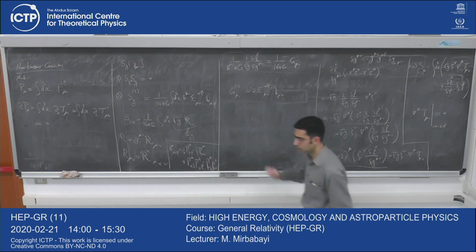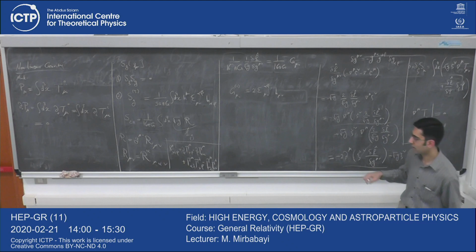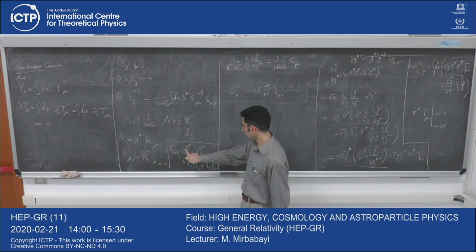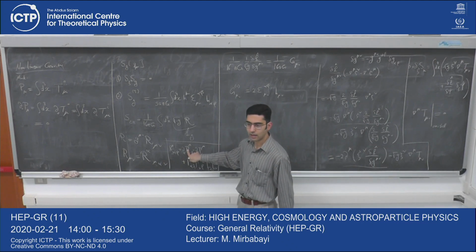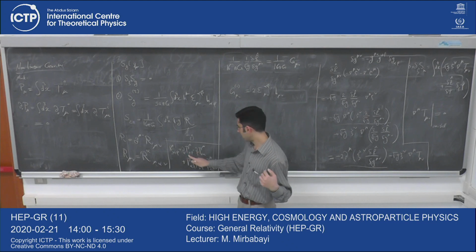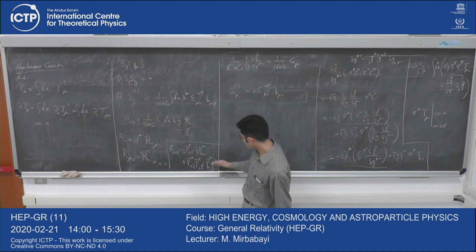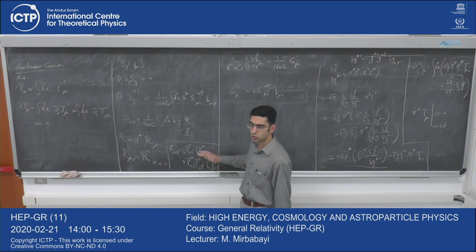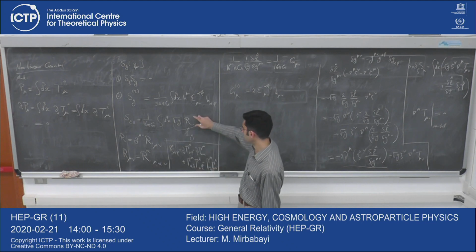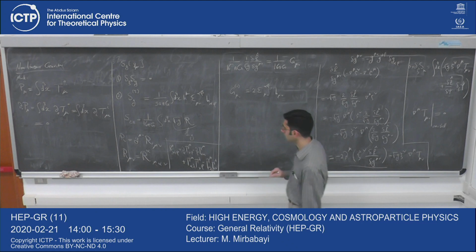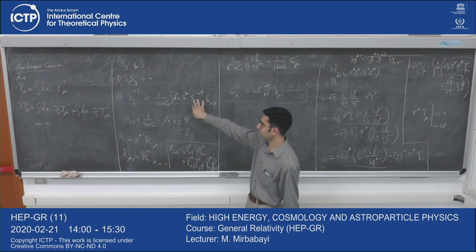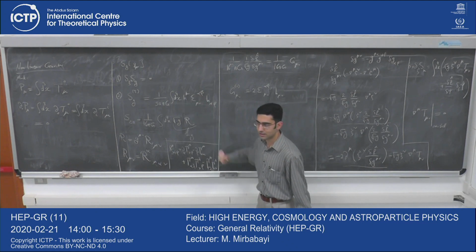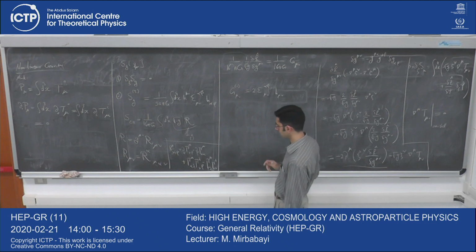So some combination of these Christoffel symbols. As you see, Christoffel symbols had one derivative of the metric. So when I construct this object, every term in this construction has two derivatives. It's a two derivative action that I'm writing, so it has the right number of derivatives as the linear one. Of course, it's a fully non-linear term.